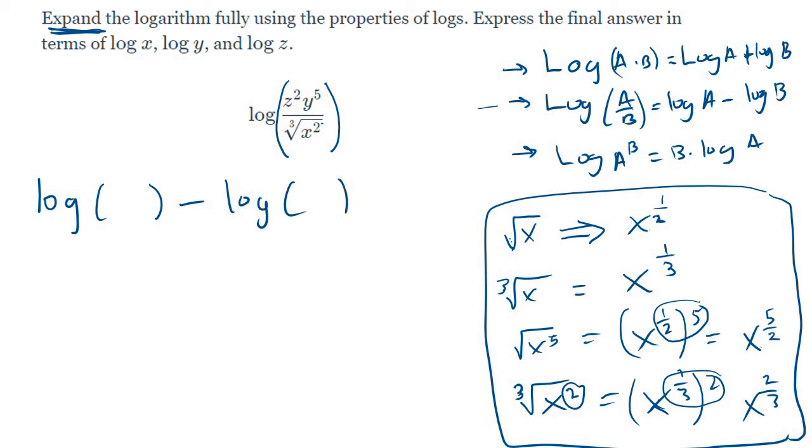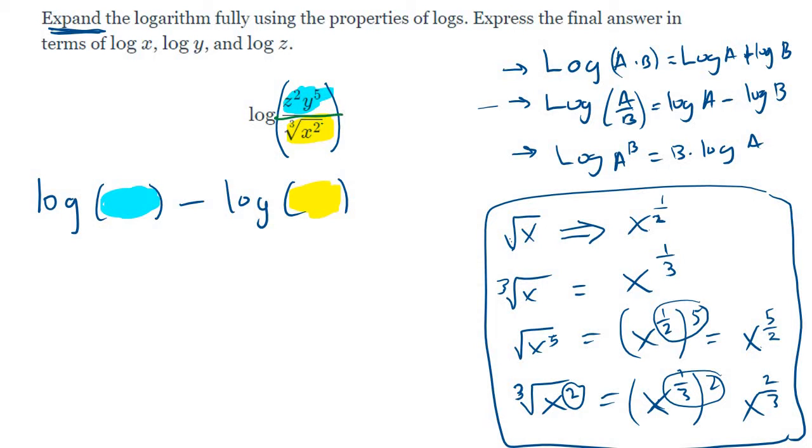Now this stuff up here will be the top, the numerator, and it's going to go right here, and the denominator, this stuff right here, is going to go right here because of the division that is involved.